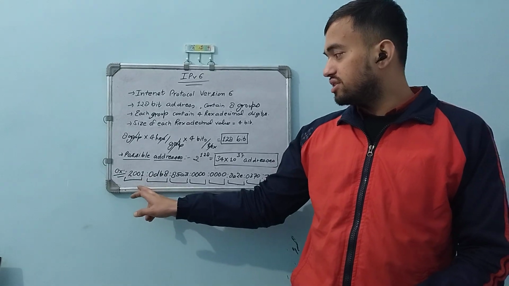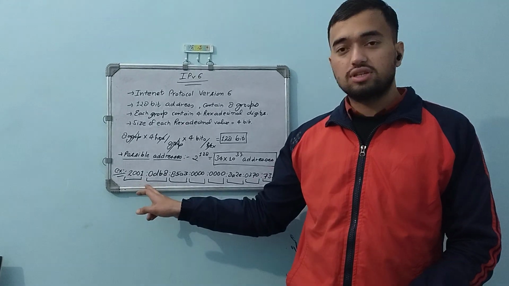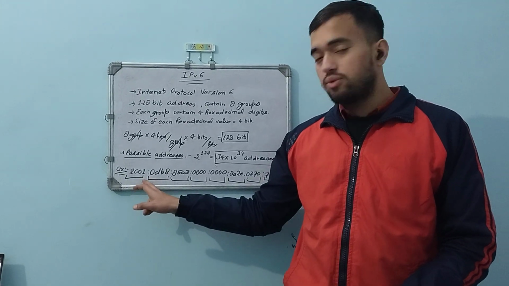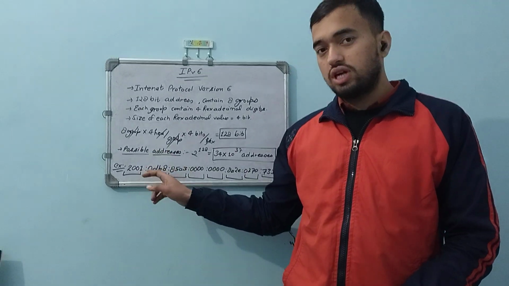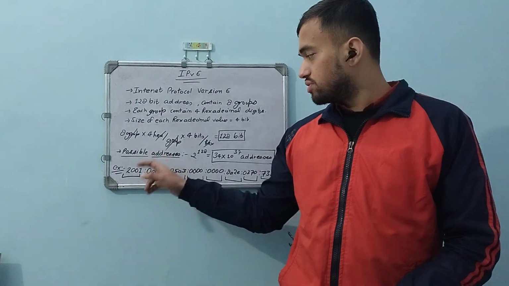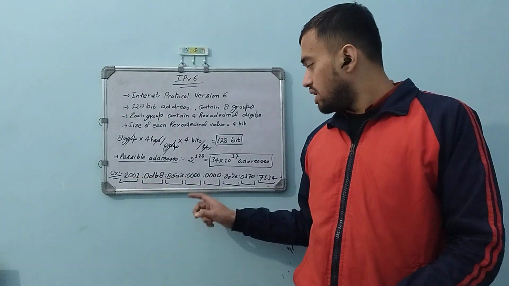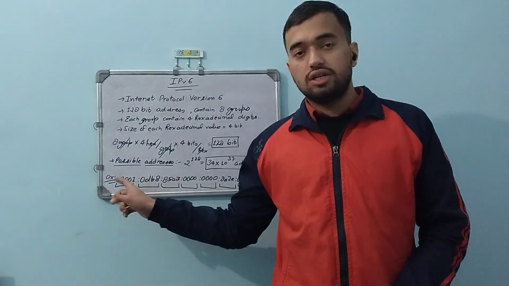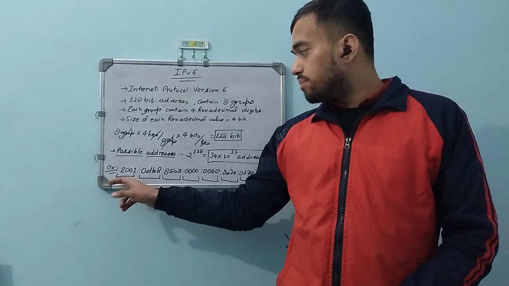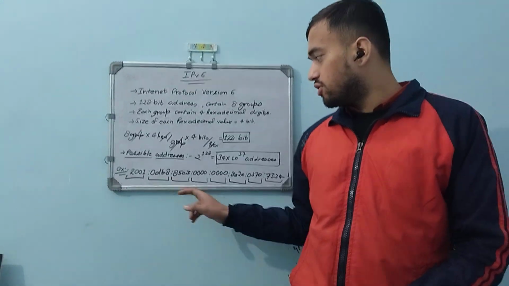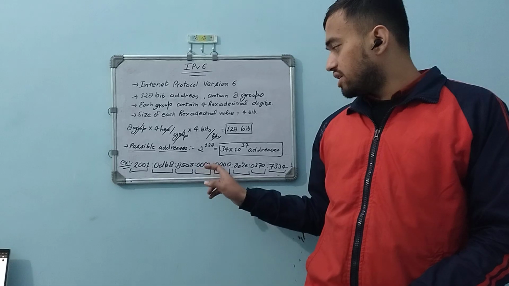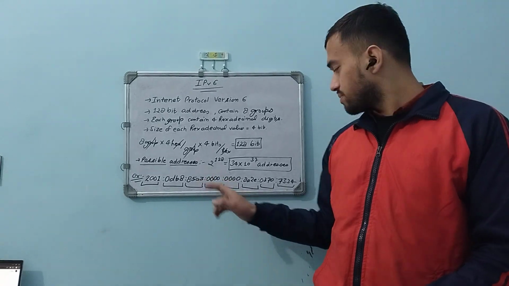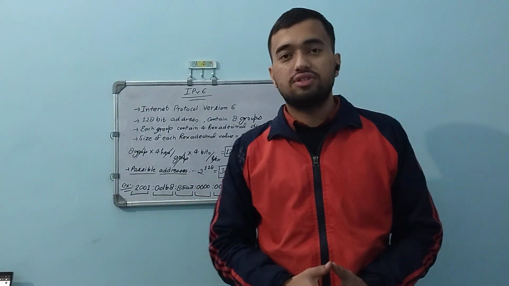As you can see, the groups in this address are divided with the help of colons rather than periods, that is dots, which were used in IPv4. And another thing is that we can compress this address by omitting the zeros and the groups that contain nothing but zeros. So this was the IPv6 address.